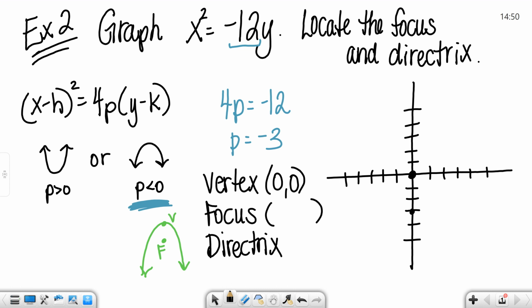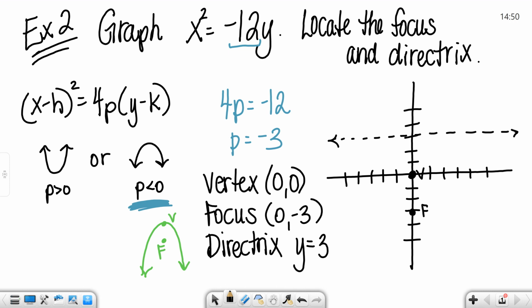That's going to be my focus. Here's my vertex. Here's my focus. That is the ordered pair 0, -3. My directrix is on the other side of the vertex, and it is perpendicular to the axis of symmetry. So this would be my directrix, and that is a horizontal line at y equals 3. Not a point, it is a line.